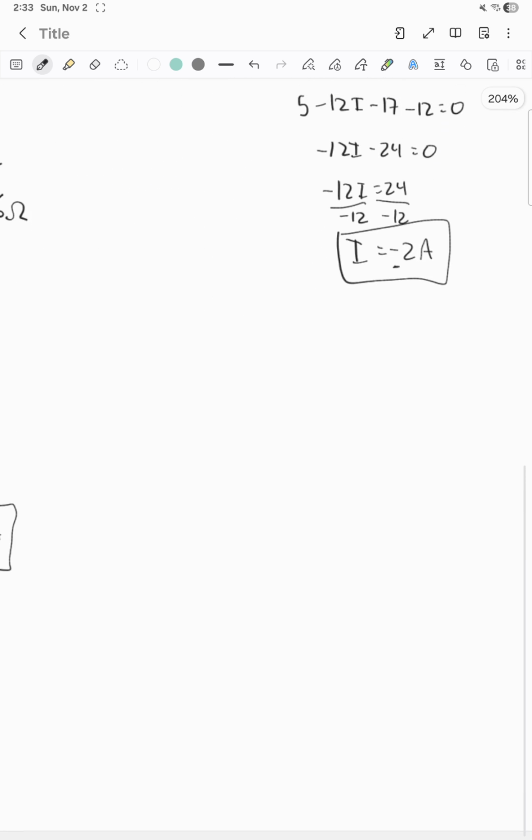Now let's do another problem on Kirchhoff's voltage law. All right, this is going to be a bit tricky, but you can do it. So we'll have a circuit. Again, we'll put the edges here of our little square here.